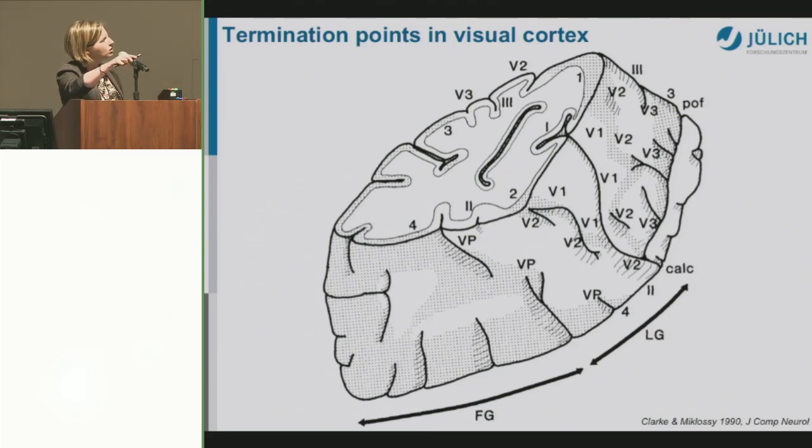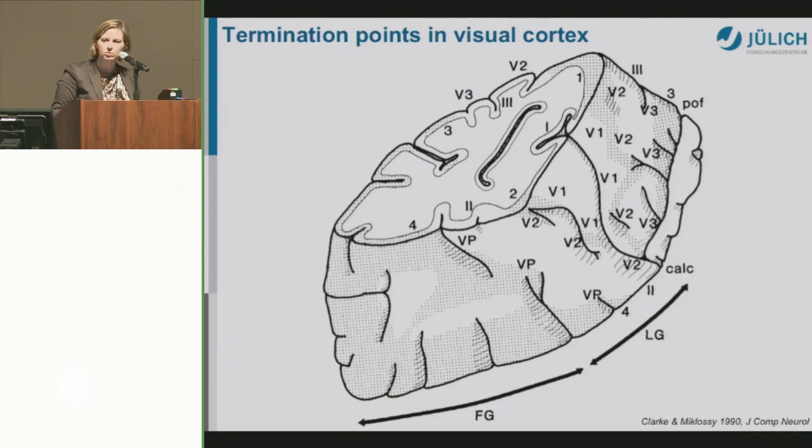You can see here in this occipital lobe depiction the occipital lobe, the temporal cortex, fusiform gyrus, and lingual gyrus, and some of the visual areas labeled. Highlighted here with these small black dots are the endings of the transcallosal fibers. As you can see, for example, at the transition between V1 and V2, you have a very dense delineation of these transcallosal fibers.